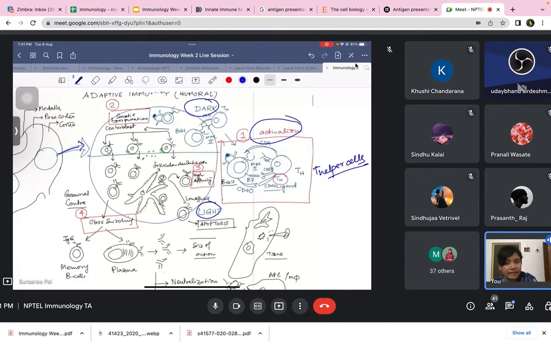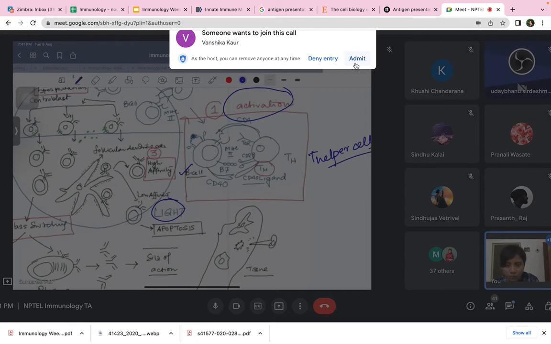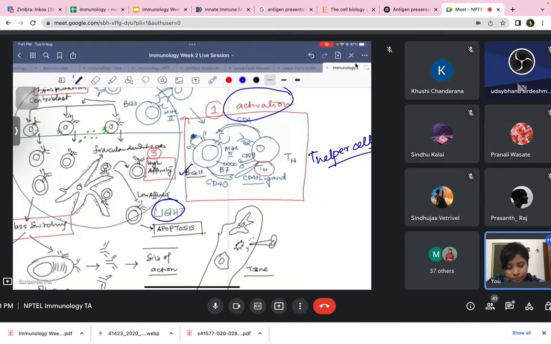So they present this antigen to the B cell, and because of which, what happens first, these B cells have immunoglobulins on their surface with which they can bind to the antigen molecule, right? Because of the binding of this antigen to the immunoglobulin, they now start to express the MHC class 2 on their surface, the B cells, right?